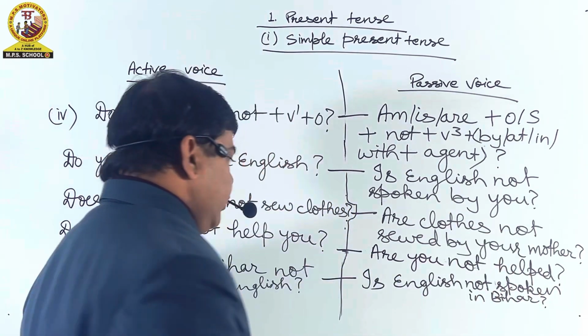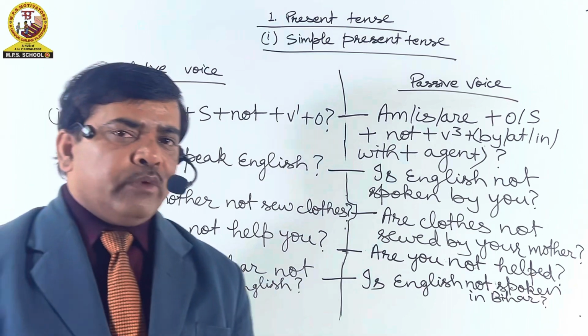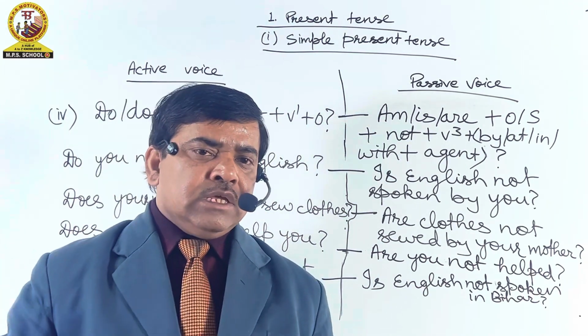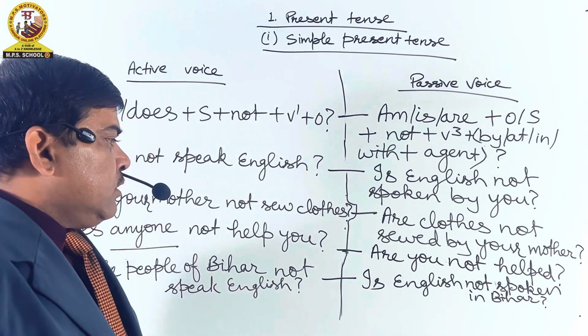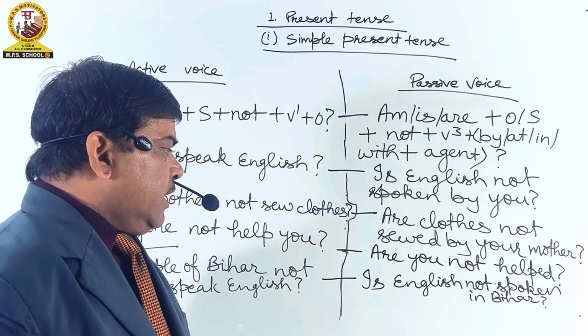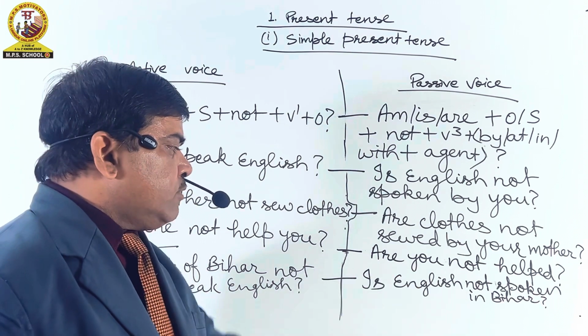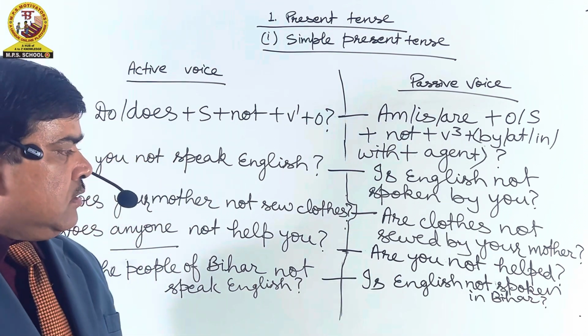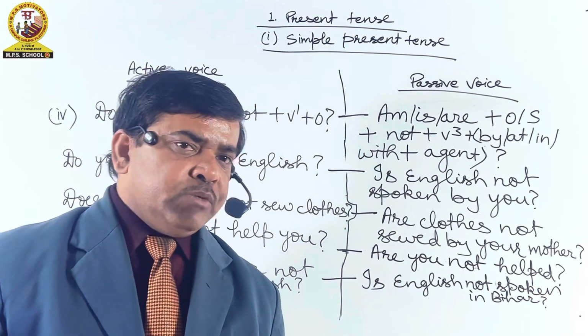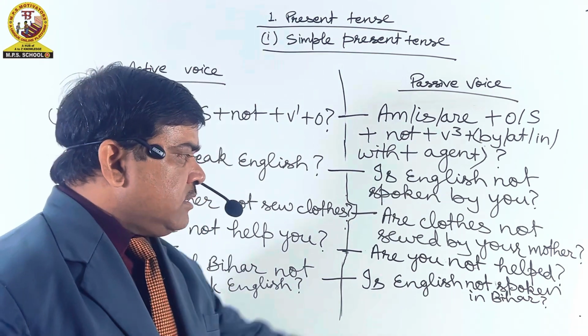Question mark. Because English is a language and it is spoken by people, not animals. So it is clear with the verb also, and the subject and the object subject in passive voice, that it is spoken by people. We don't need to write people in passive voice as the agent.